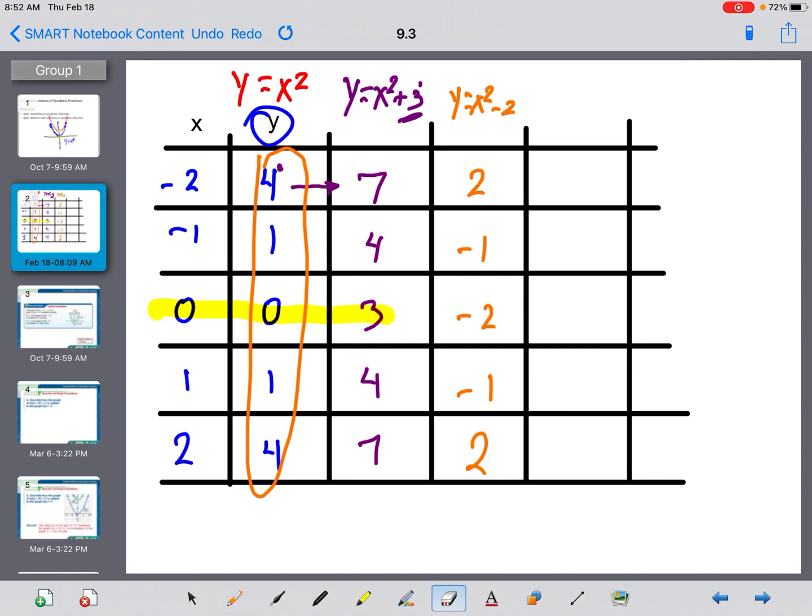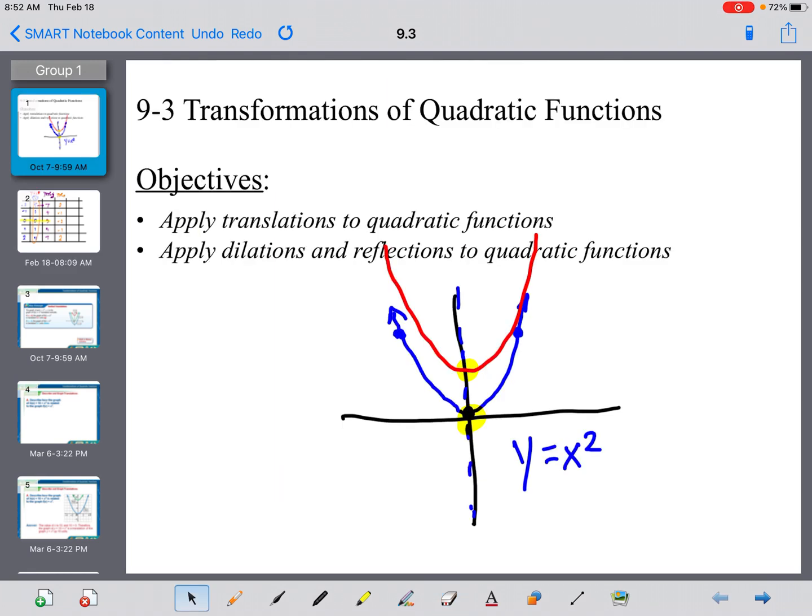You can see the kind of mirror here of the 2 and the 2, the -1, the -1, and the vertex in the middle. So what happens is when you subtract 2, you're going to cause the points to drop down 2. So back to here, this standard graph would then go down 2.